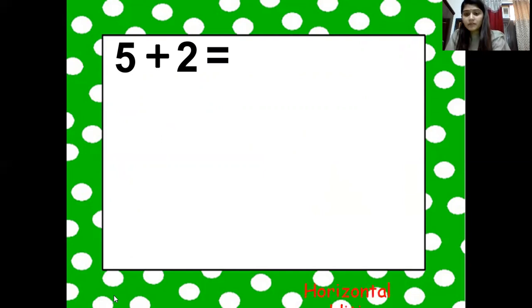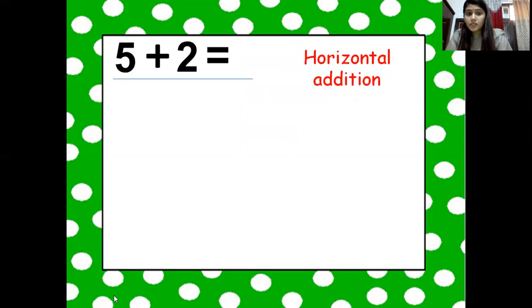We have written them. This is known as horizontal addition because we have written these digits horizontally. 5 plus 2 is equal to 7. Answer is 7.